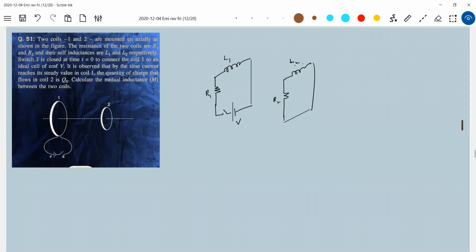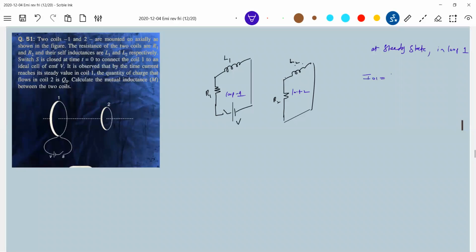Okay, now, I think I explained. I can't write so many equations for that one. So at any time t, and at steady state, at t equal to infinity, I'll call it loop one, and loop two at steady state. In loop one, what is the current that will flow?